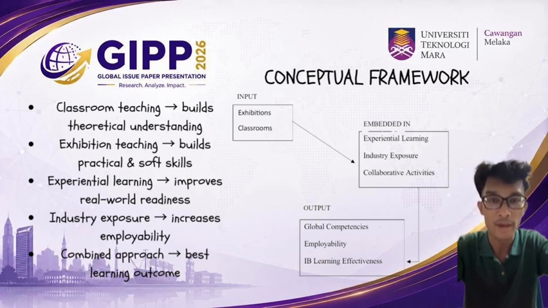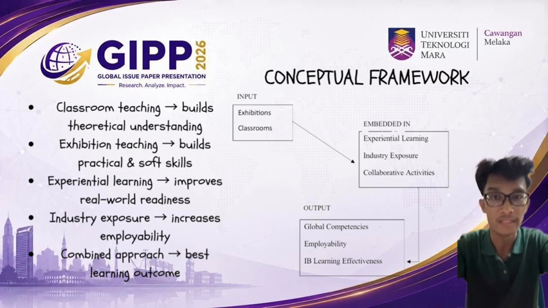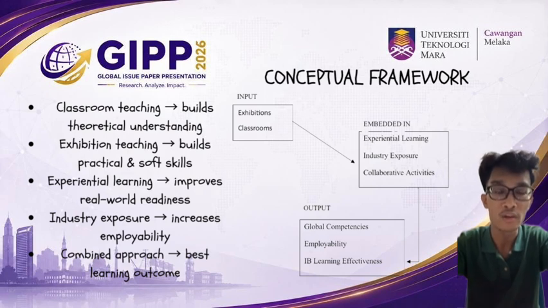Based on the framework diagram that I show above, that is the diagram that I illustrated from my study, from what I get from my insights. And this framework explains how my project creates meaningful learning outcomes. The input consists of exhibition and classroom activities, and these are embedded in experiential learning, industry exposure, and collaborative activities that allow students to gain practical experience and work together in a real-world context.